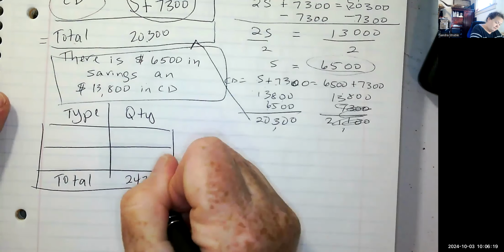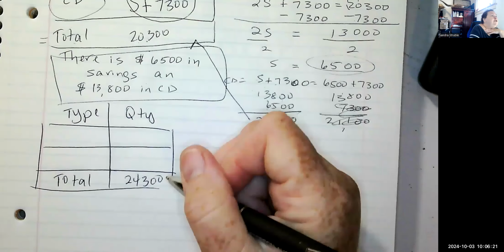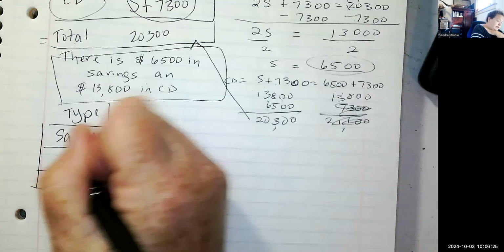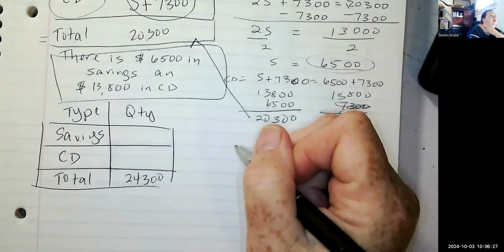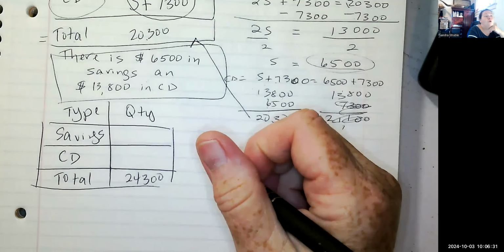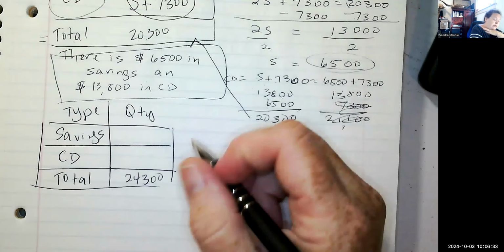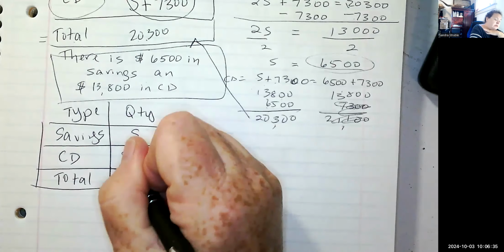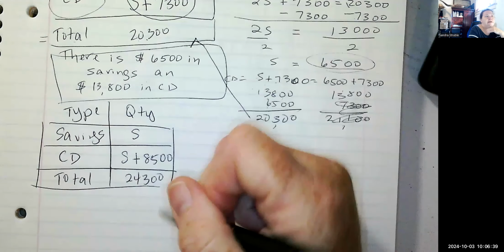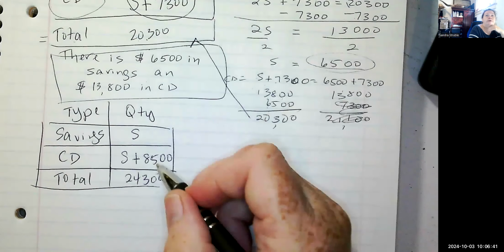And then the 2 different accounts are savings and CD again. And she decides to invest $8,500 more in the CD. So she has a savings amount, but it's the savings plus $8,500 in the CD because there's more in the CD.